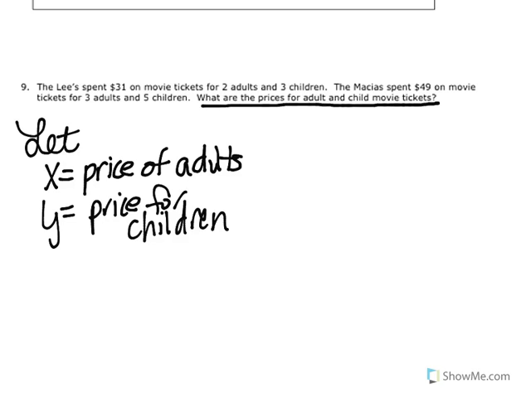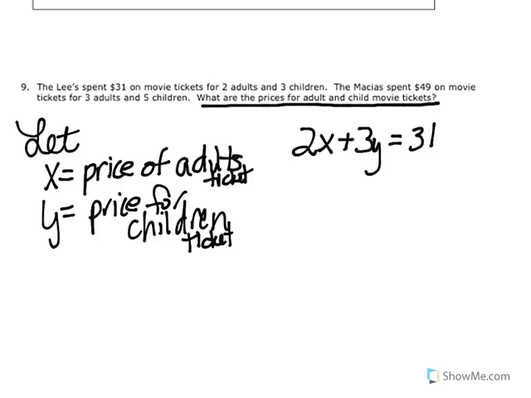Price of adult tickets, I guess, would probably be better. And then let's write 2 equations. So we have 2 adults times whatever the price is, plus 3 children times whatever the price is, equals 31. And then you get 3x plus 5y equals 49.